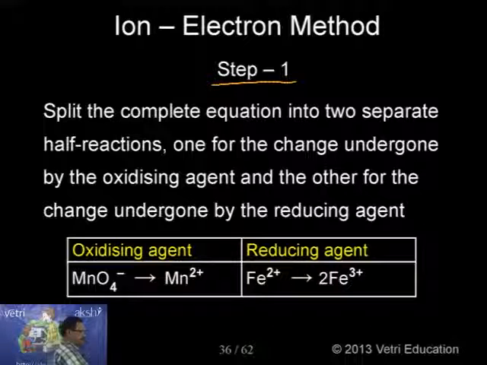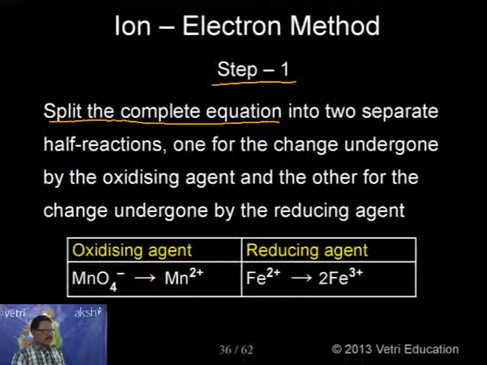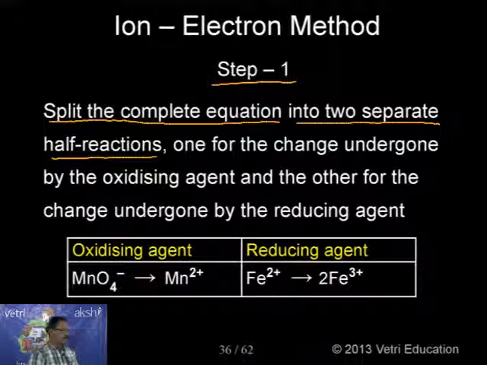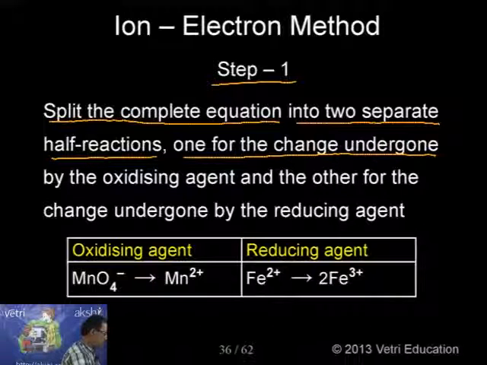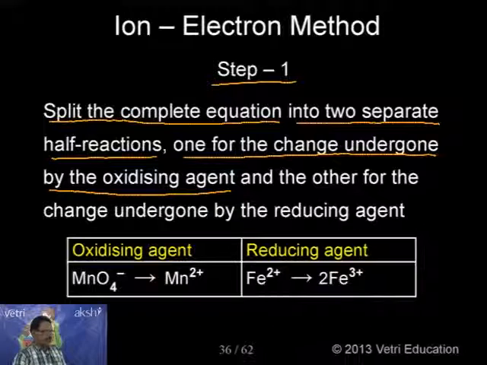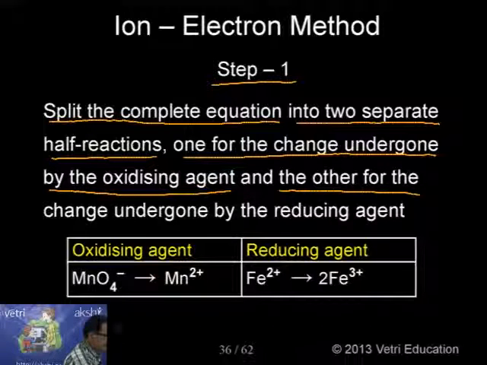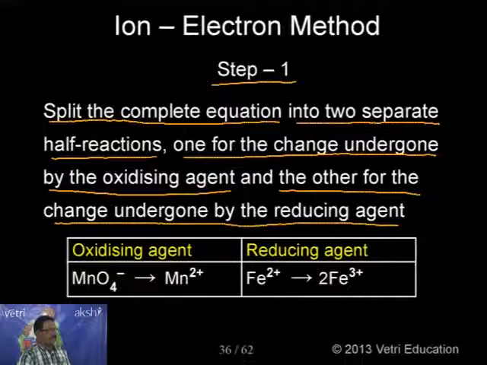Split the complete equation, the redox reaction here, into 2 separate half reactions. One for the change undergone by the oxidizing agent, and the other for the change undergone by the reducing agent. So this is step 1.